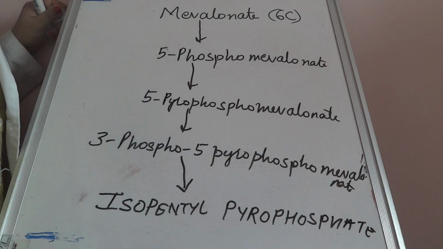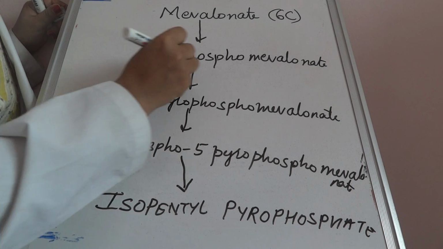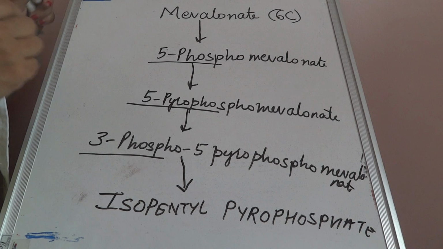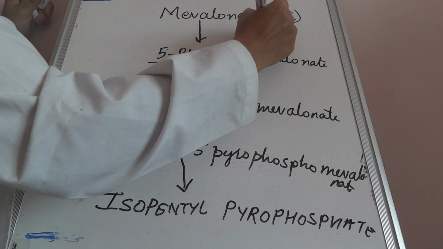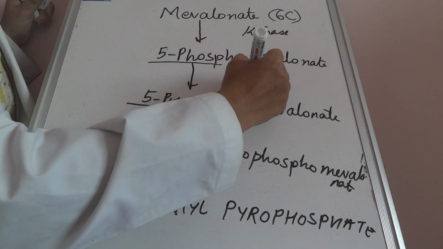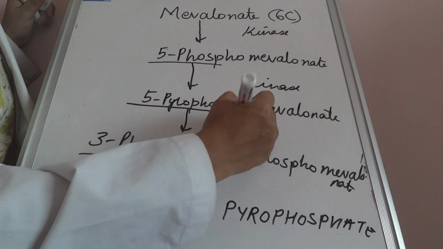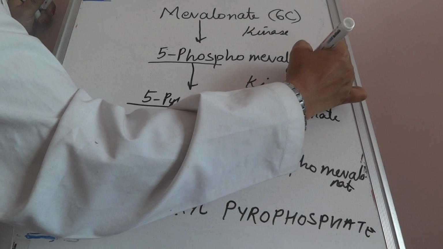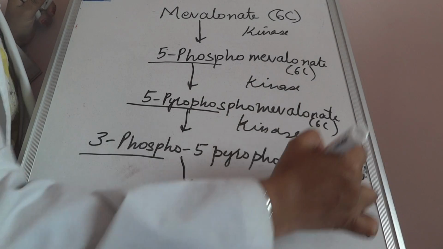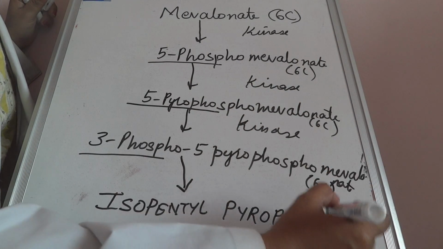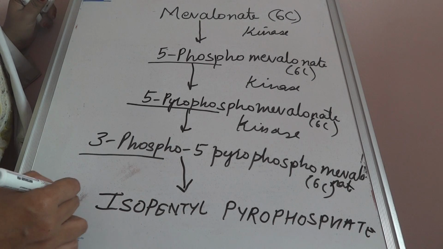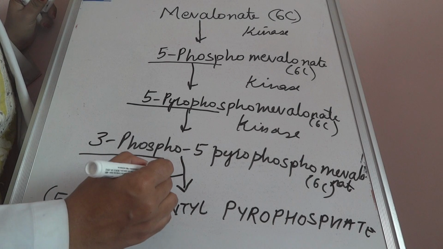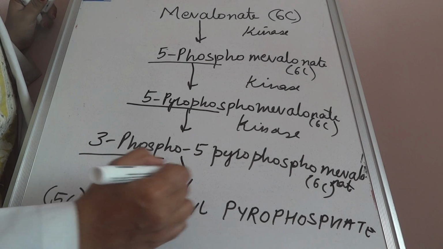Now why I didn't write the enzyme was because whenever the phosphate group is attached, the enzyme you should remember is a kinase. So this is a kinase, this is a kinase, this is a kinase. This is 6 carbon, this is again 6 carbon, this is again 6 carbon. The difference being that this is 5 carbon now because this enzyme is a decarboxylase, a carbon dioxide is removed.